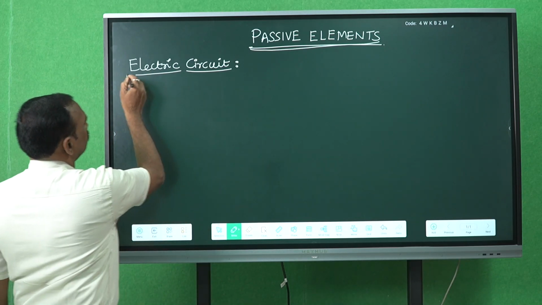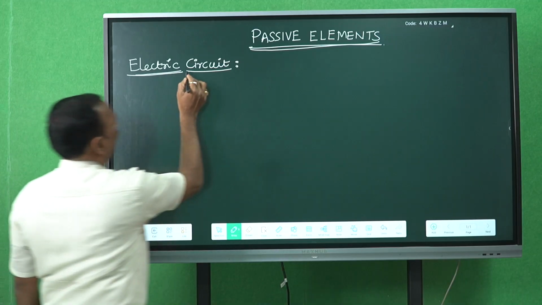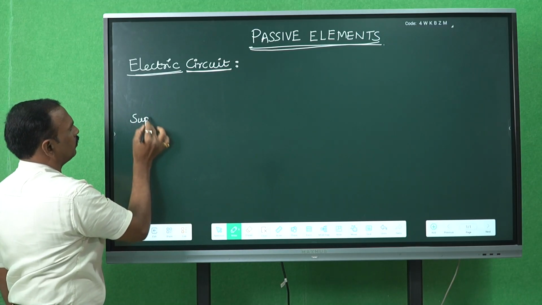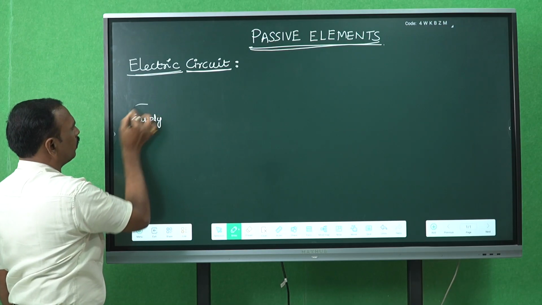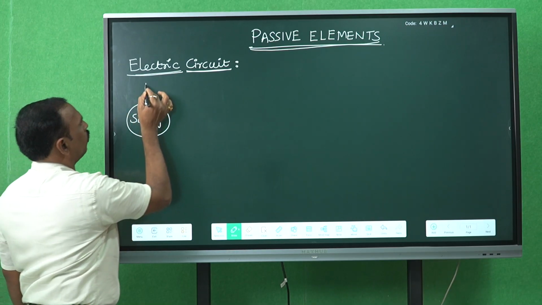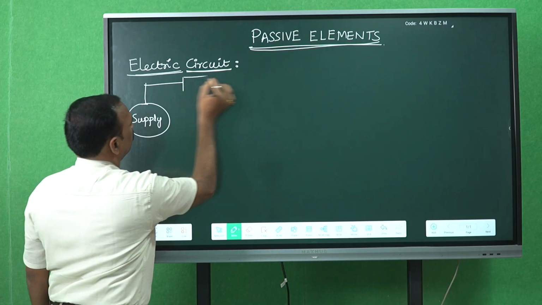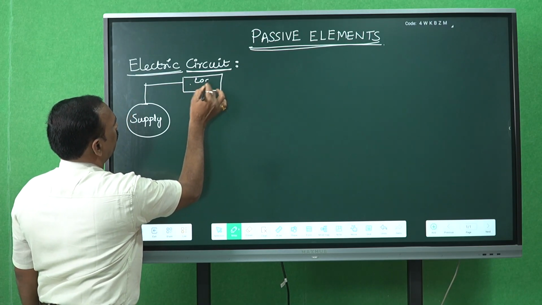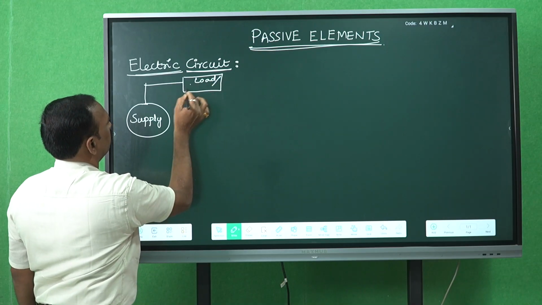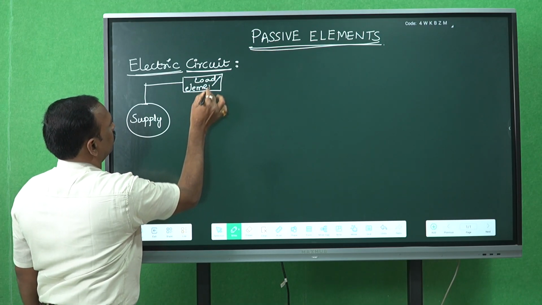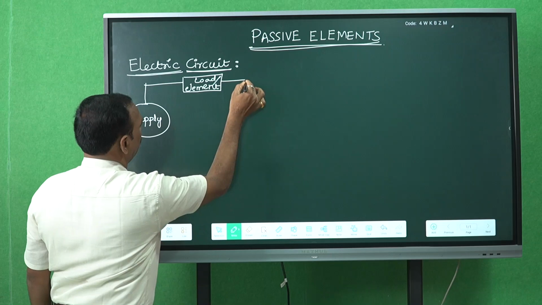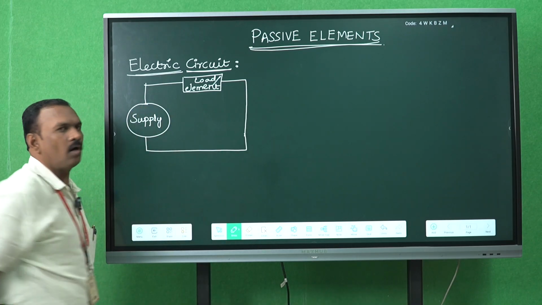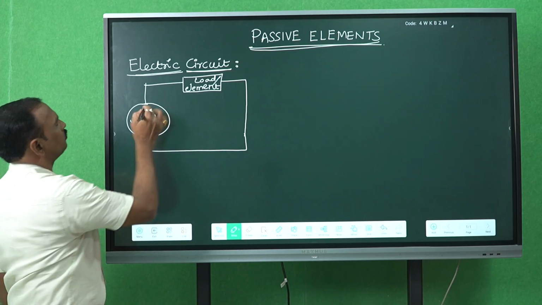Here, the electric circuit has a supply and a load. This is the load, load or element. Electric circuit has supply and load or element.